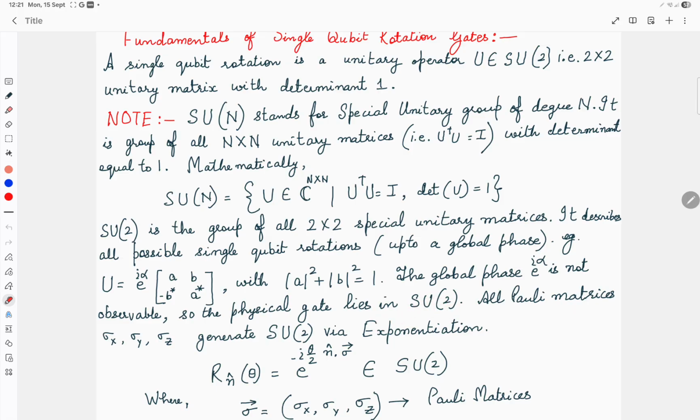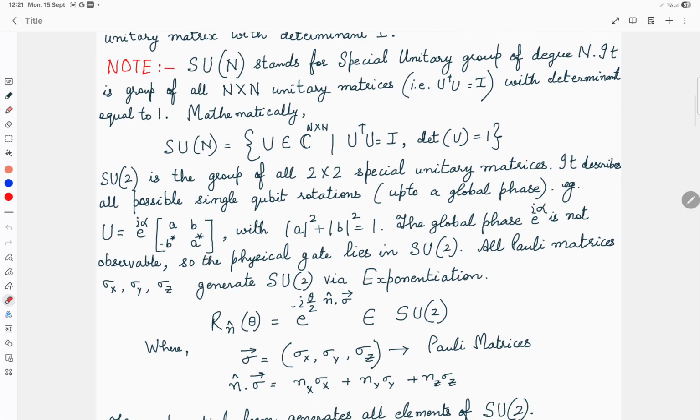So that means we can just ignore this global phase. Therefore, all Pauli matrices sigma x, sigma y, sigma z generate SU2. So all the Pauli matrices like Pauli x, Pauli y, Pauli z, these unitary matrices can be used to generate special unitary group of dimension 2.